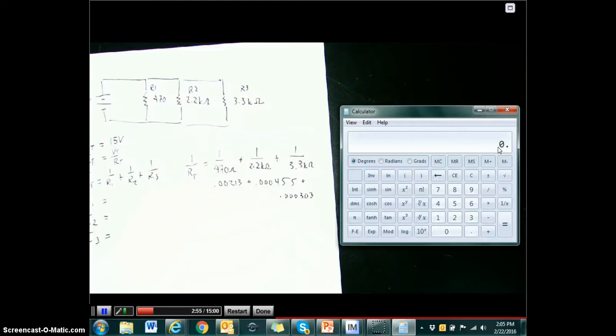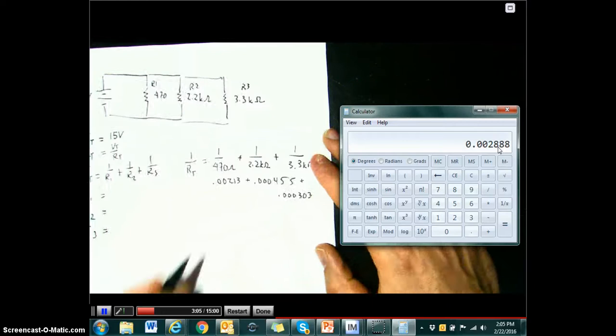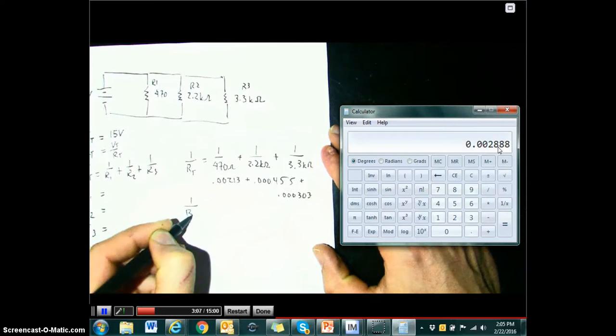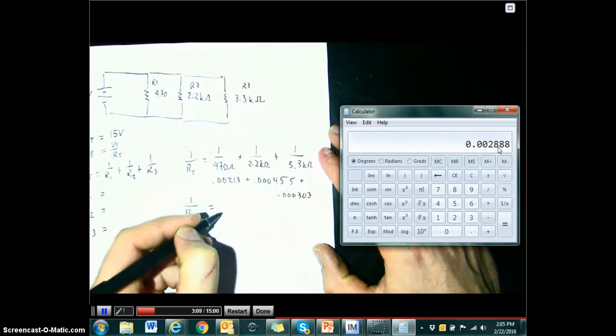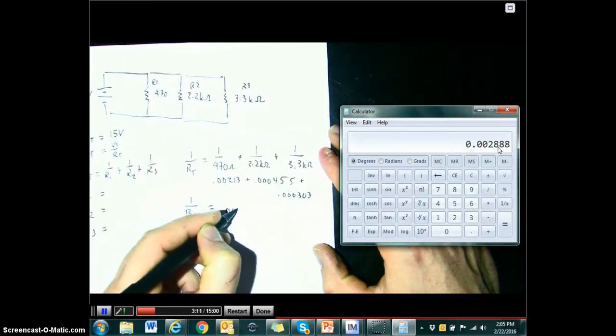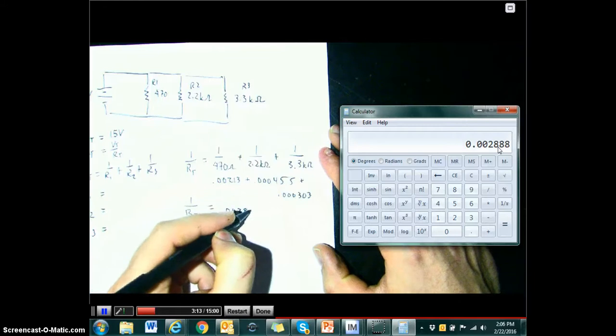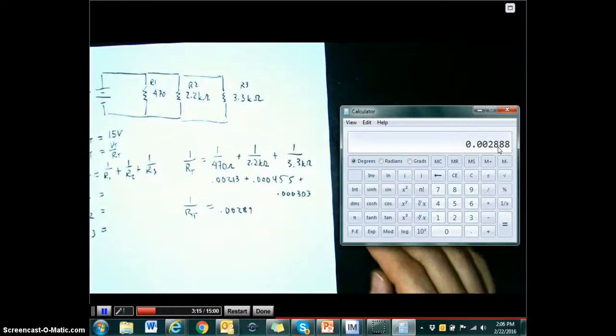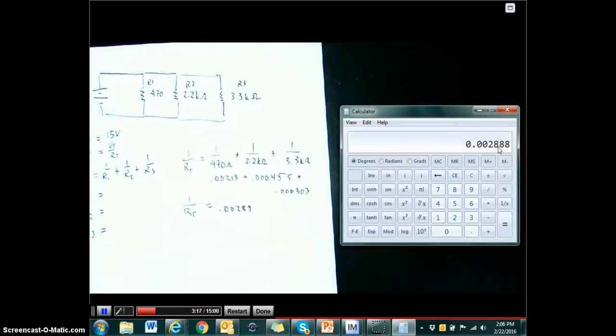So let's add this together: 0.00213 plus 0.000455 plus 0.000303. And we get an answer of 1 over RT equals 0.00289. Are we done? What's left?